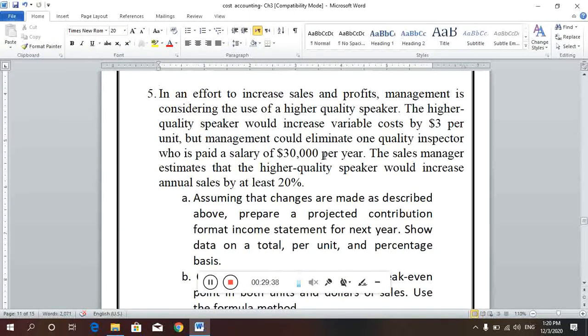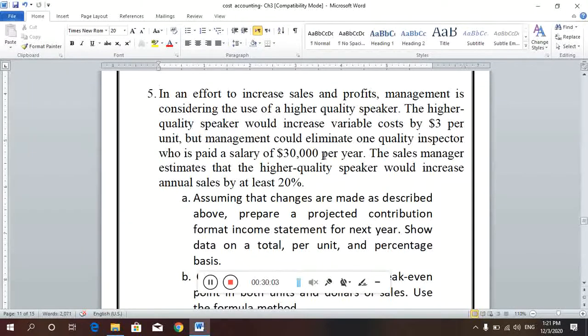Management could also eliminate one quality inspector who is paid a salary of $30,000 per year. So the fixed costs here will decrease by $30,000.